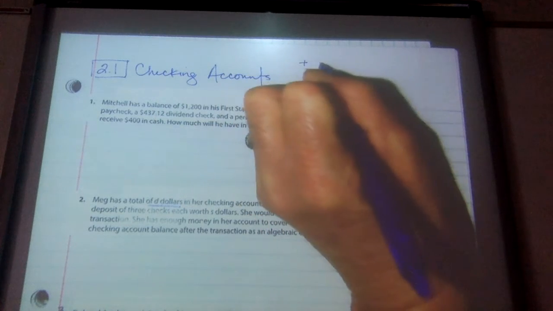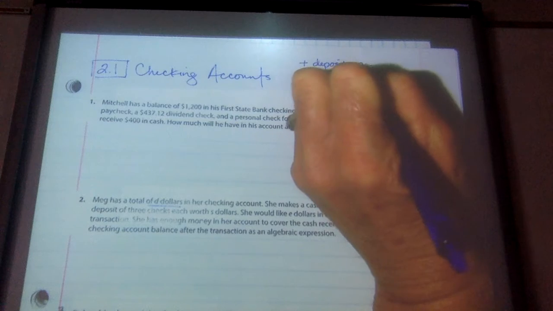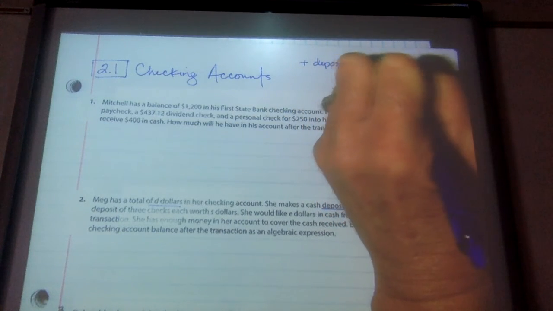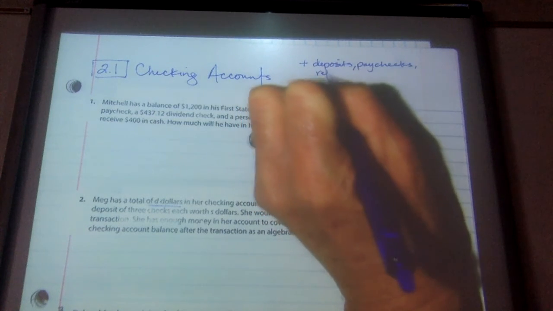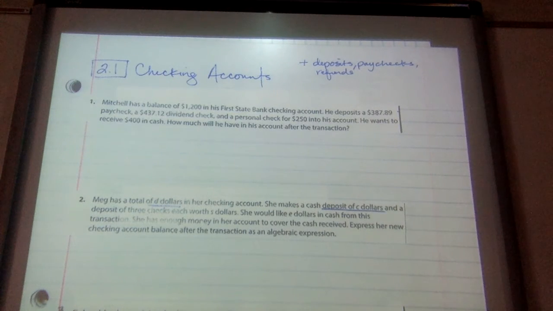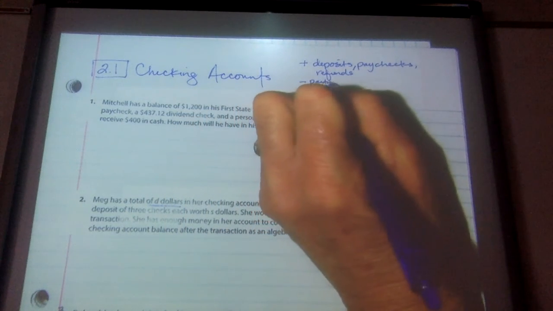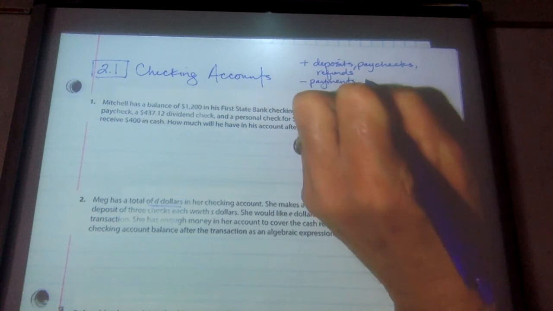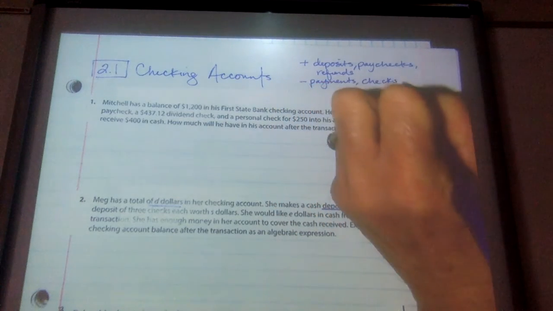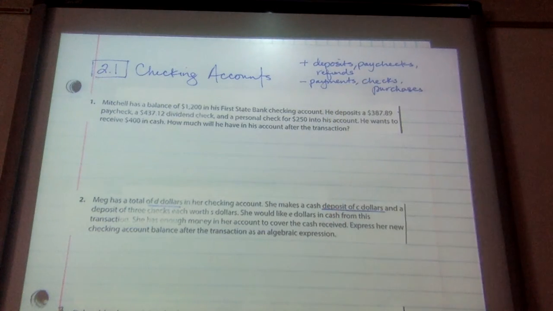Things that add to our account would include deposits, paychecks, refunds, right? All of those are examples of things that get added into our account. Things that come out would be any payments we make, any checks, any purchases. Those would be subtractions on your account.